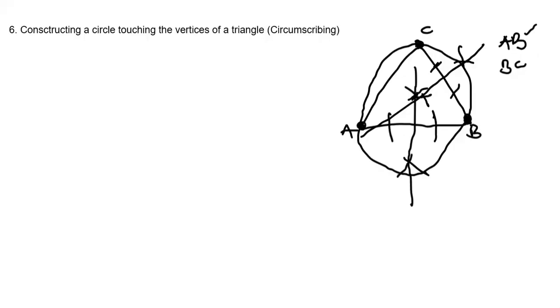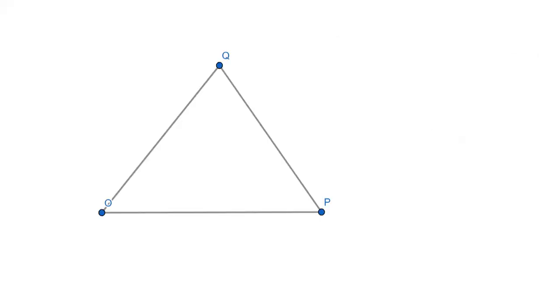Now let me draw an accurate drawing. We have our drawing here of the triangle OPQ. We want to bisect. We will start with OP, bisecting line OP exactly at the center. So this is what we are going to have. We have bisected it exactly at the center.